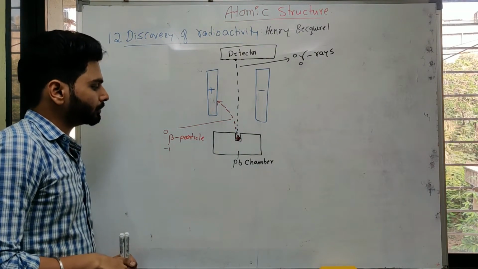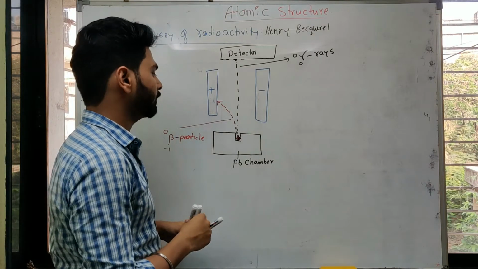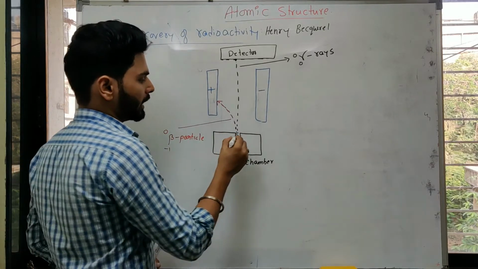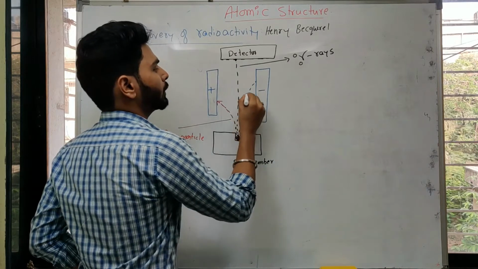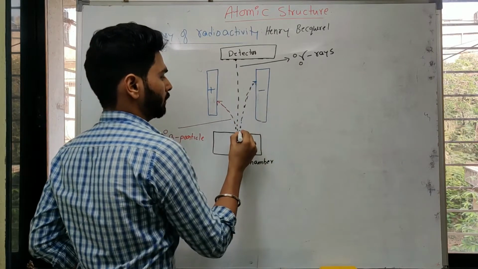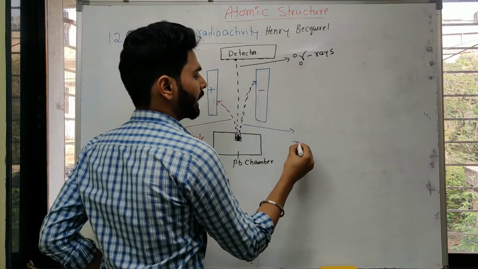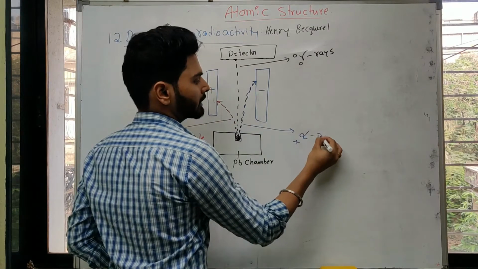Then there were some radioactive elements that ejected radiation that deflected towards the negative terminal. So definitely we can understand that they are positively charged. Later they were called alpha particles.